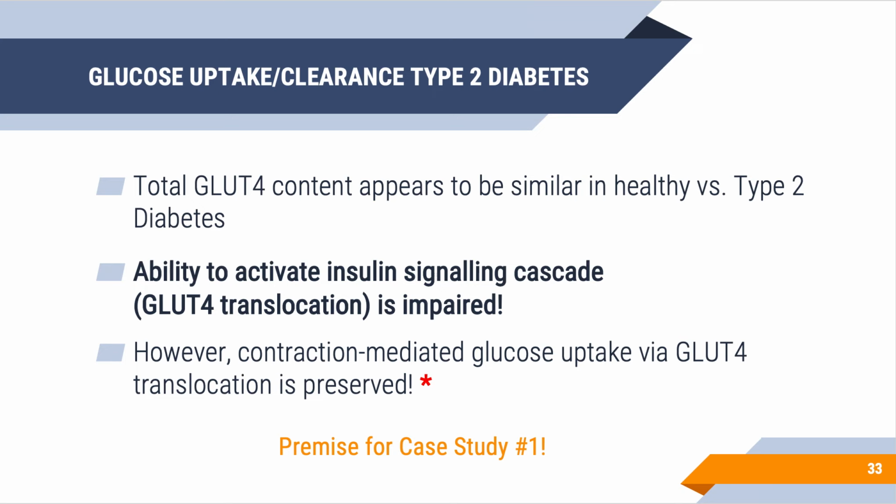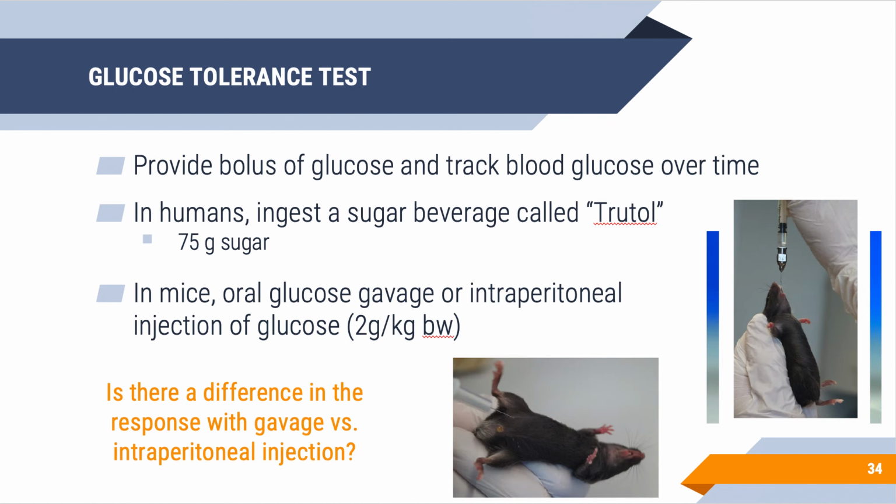Importantly, in these individuals, contraction-mediated glucose uptake through GLUT4 translocation is preserved, and that's half of the premise for case study number 1. So we're thinking about the carbohydrate side of this equation and how contraction-mediated glucose uptake is preserved in type 2 diabetics or anyone with metabolic syndrome.